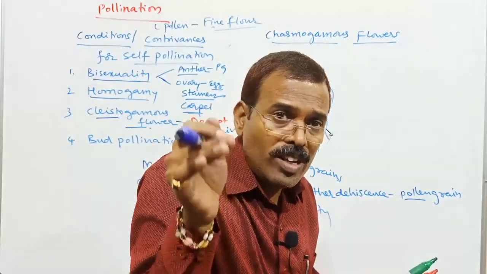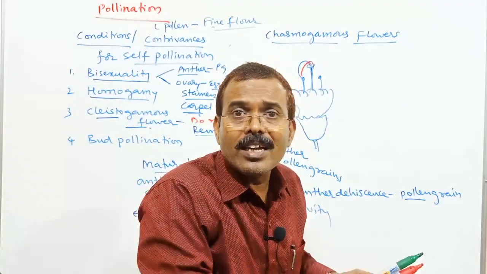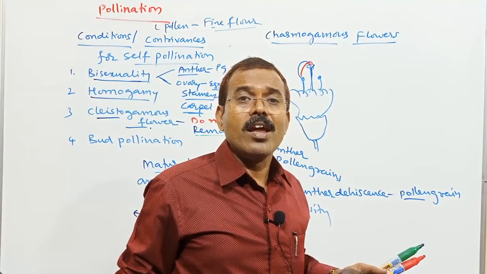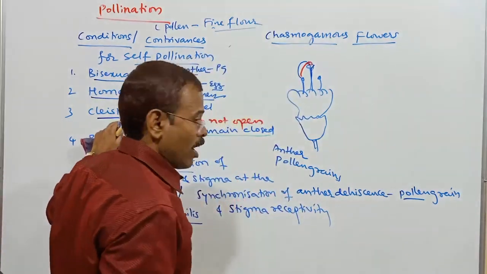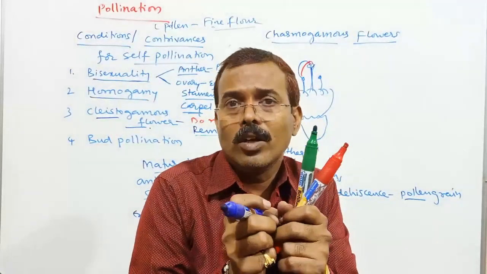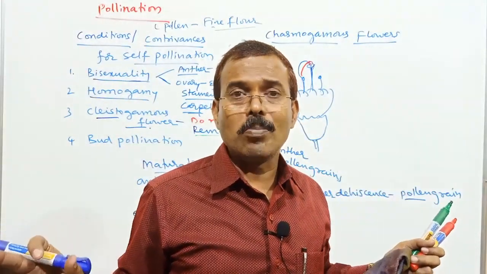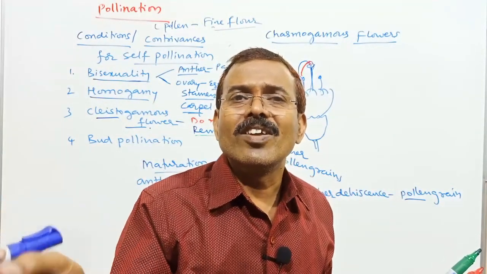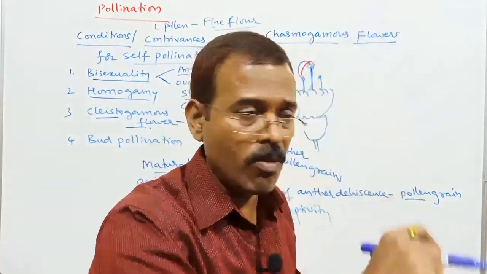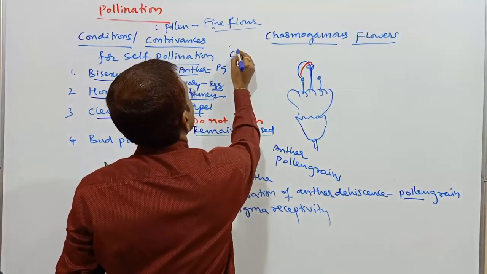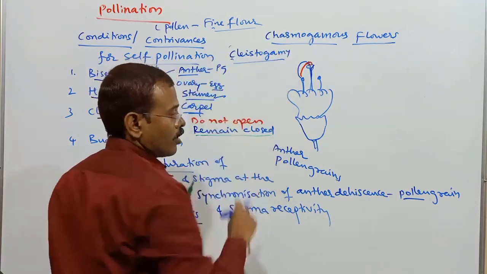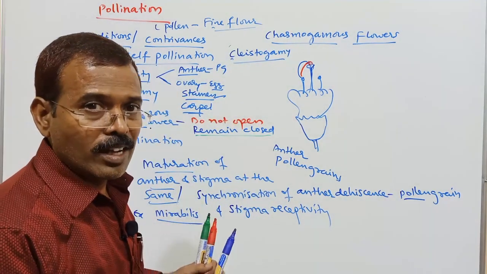In addition to these chasmogamous flowers, near to the ground surface, they produce these clistogamous flowers, the flowers which remain closed, they do not open. The pollination which occurs in a closed flower is known as clistogamy.